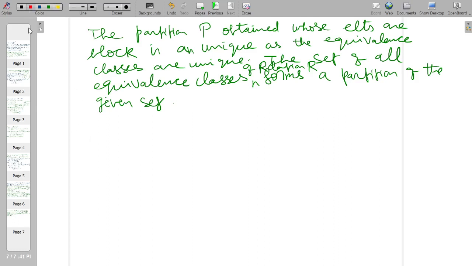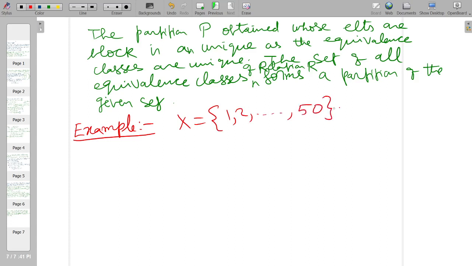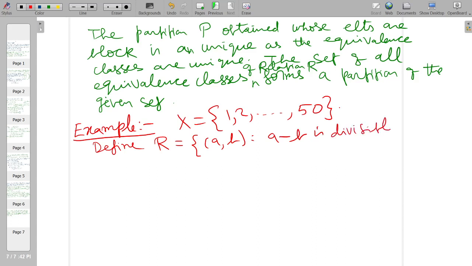Now I will just give you an example of equivalence class, how it forms a partition. Now what I do is I take X to be the set of all elements 1 to 50. I define R as the set of all elements (a, b) such that a minus b is divisible by 6.